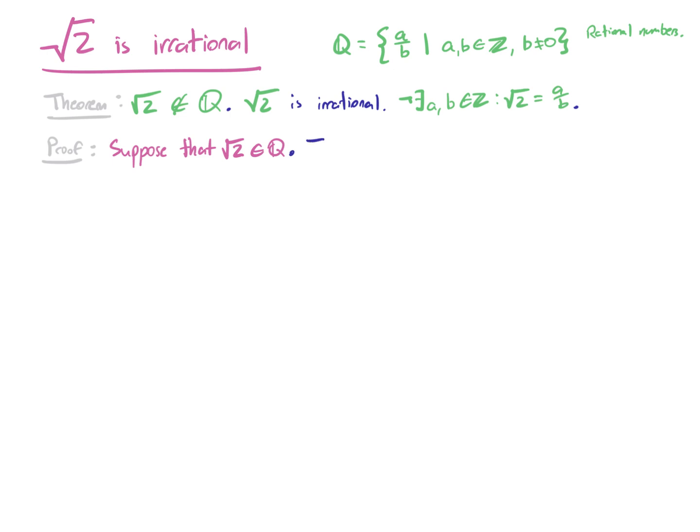So if this were true, then it would be the case that there do exist a and b in the set Z with the property that the square root of 2 is equal to a over b. So I am going to consider such an a and a b.